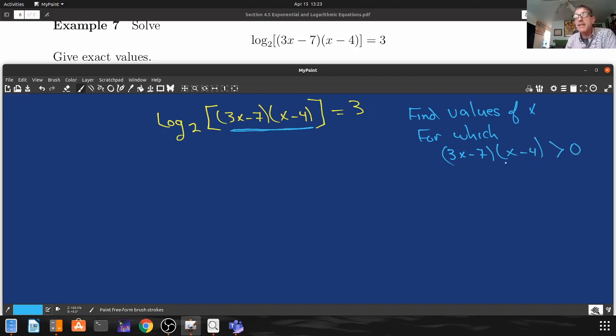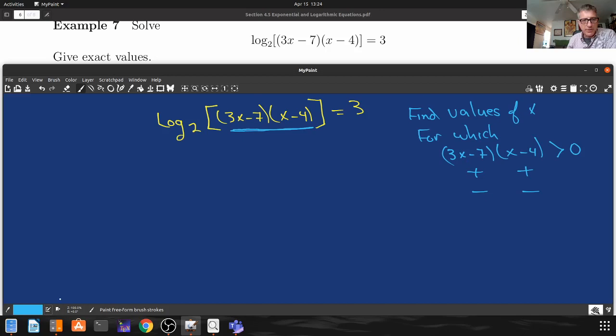So there's two ways that can happen. 3x minus 7 is greater than 0 and x minus 4 is greater than 0. Or 3x minus 7 is less than 0 and x minus 4 is less than 0.